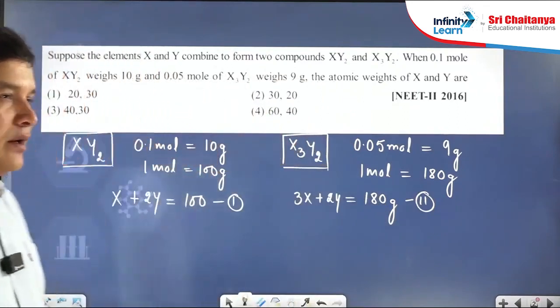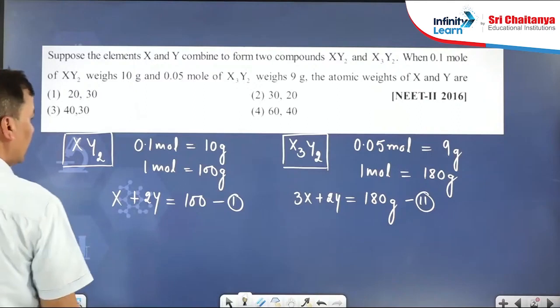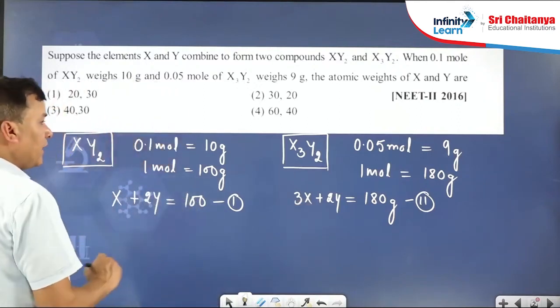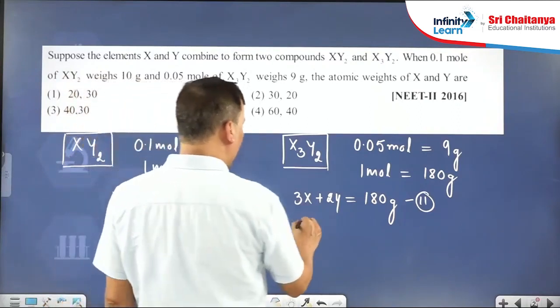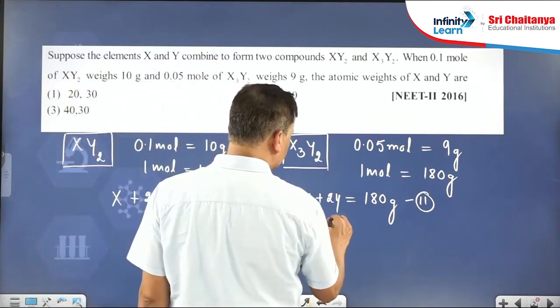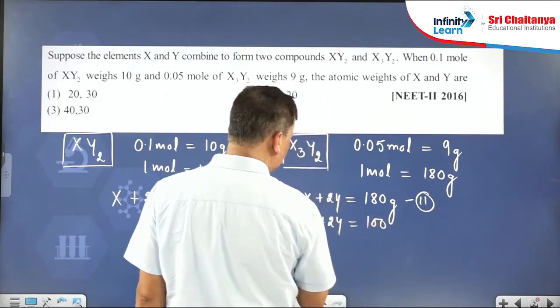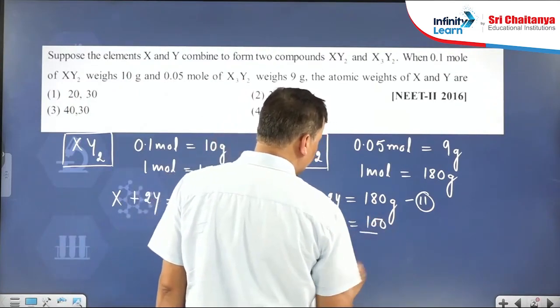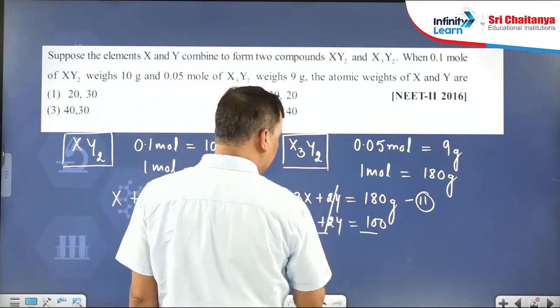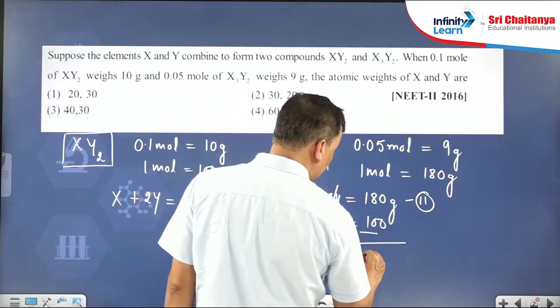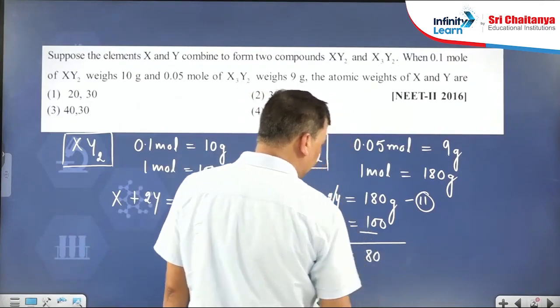So dear student, now look here. We have two equations. Now if I subtract equation number 1 from 2, here is 2X, and the right side is 180 minus 100. Then we will have 2X equal to 80.